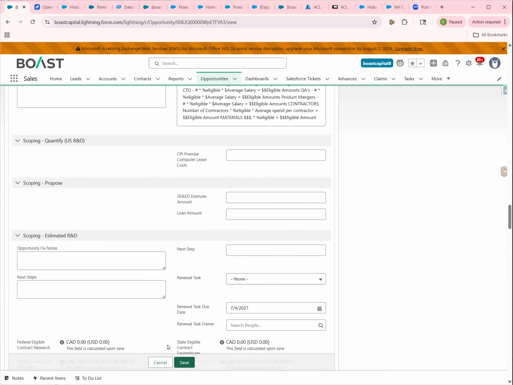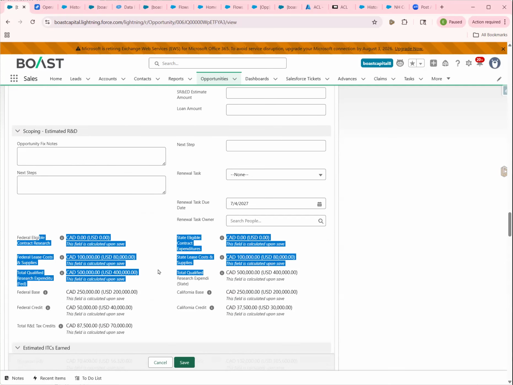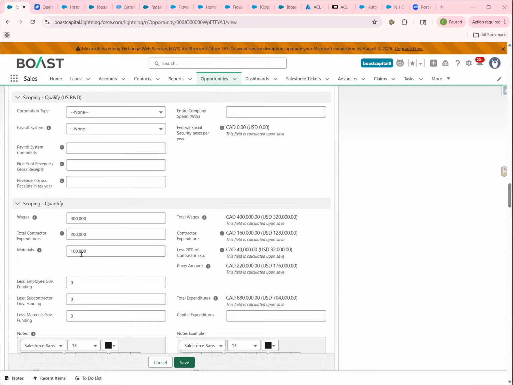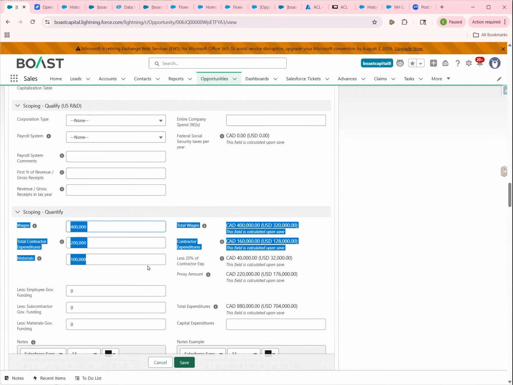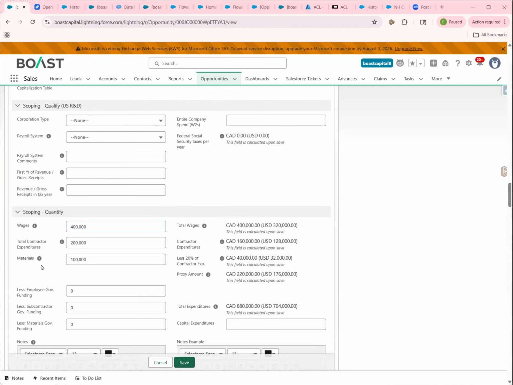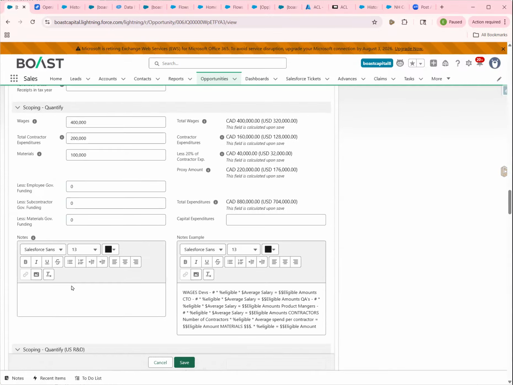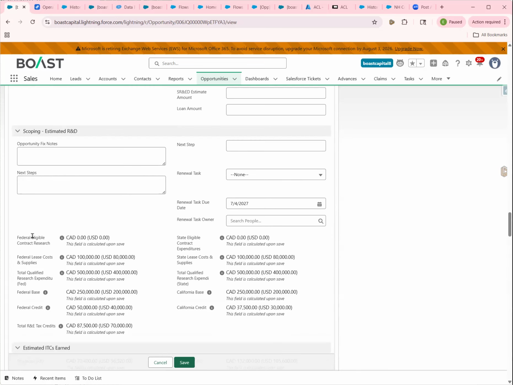I don't know that I want to put this kind of stuff in there though, just to be clear, like the wages, the material. I actually don't think that's as valuable, because again, with these calculations, here's the thing to be aware of.